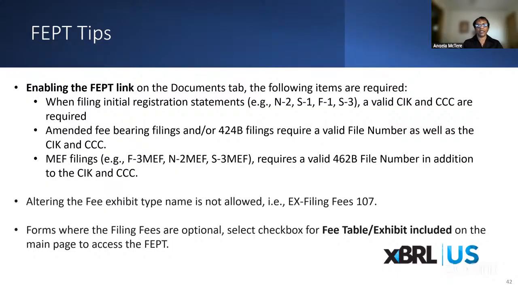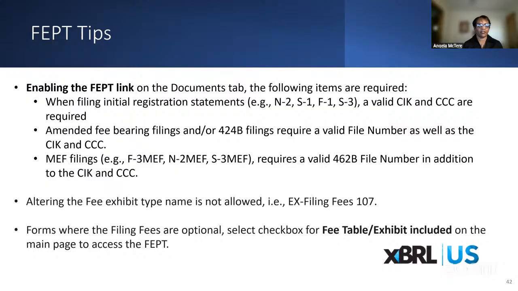You can't alter the name in any way. Altering the name of that exhibit will cause the submission to suspend. EDGAR looks for EX-FILING FEES, and if there's any other text included in that document type, it can't identify it. So just know that this is one exhibit where you can't alter the name. Okay?